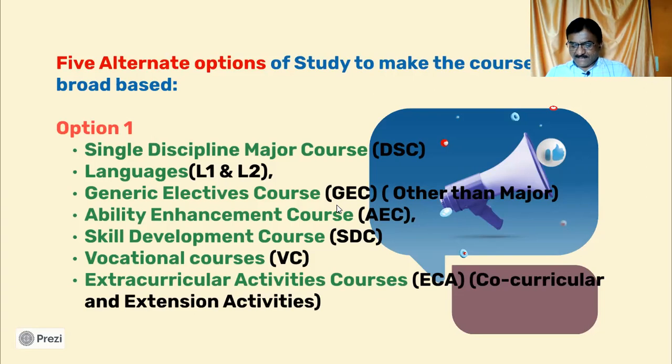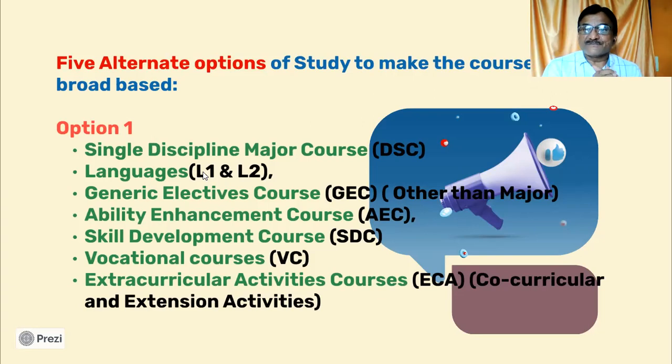Okay, it means that it is unrelated to the particular discipline that the student has already chosen as a major. And one more thing is that the general elective courses are purely dependent on the interest of the student.